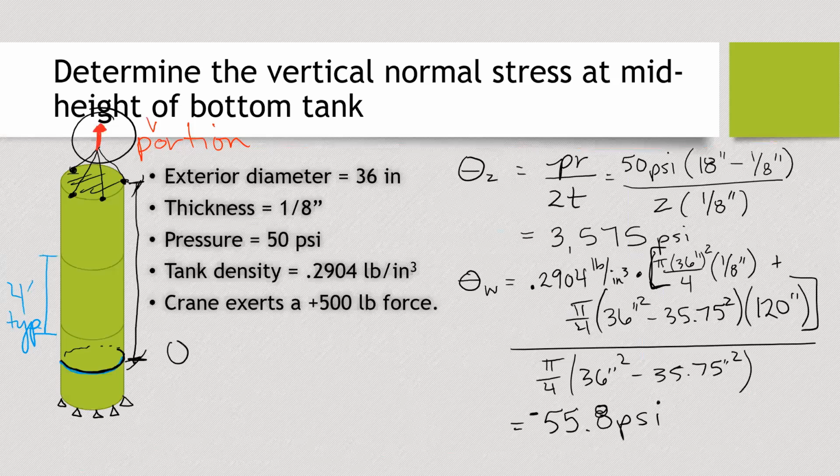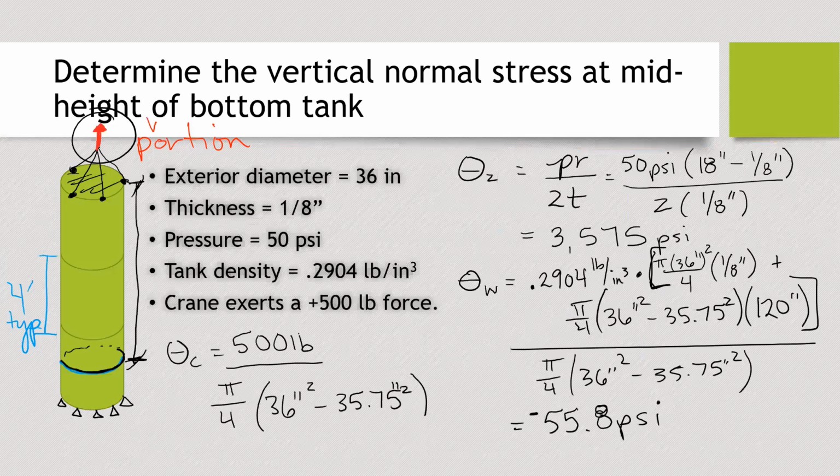So we can say the stress caused by the crane. This is going to be a tension, so it's positive 500, and we're going to divide it by the cross-sectional area. Okay, and what do we get there?